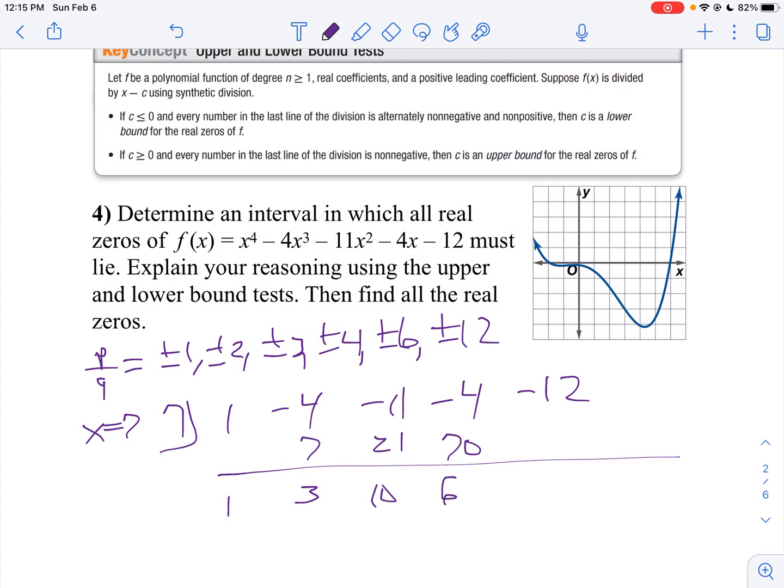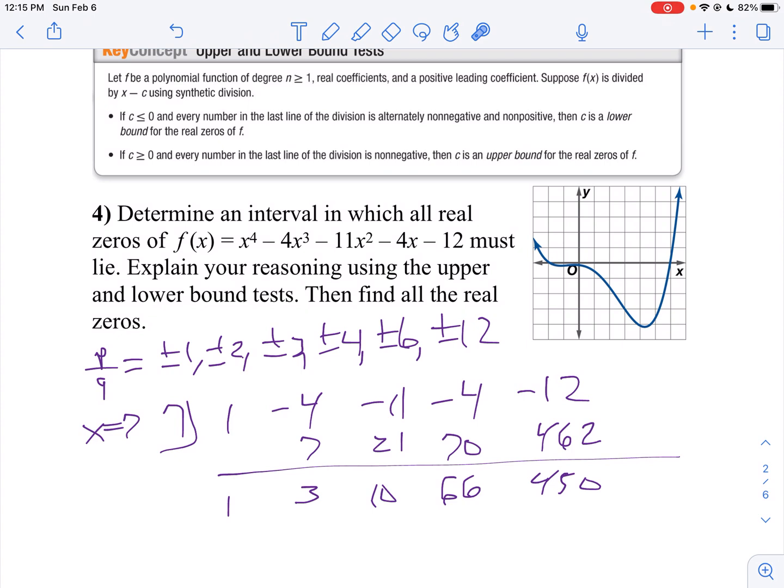So I get 66. And 66 times 7 is 462, which gives me 450. Notice all my answers are positive. So that tells me 7 is my upper bound.